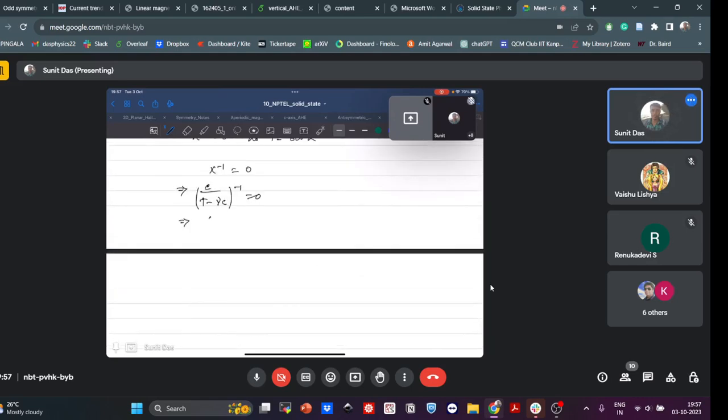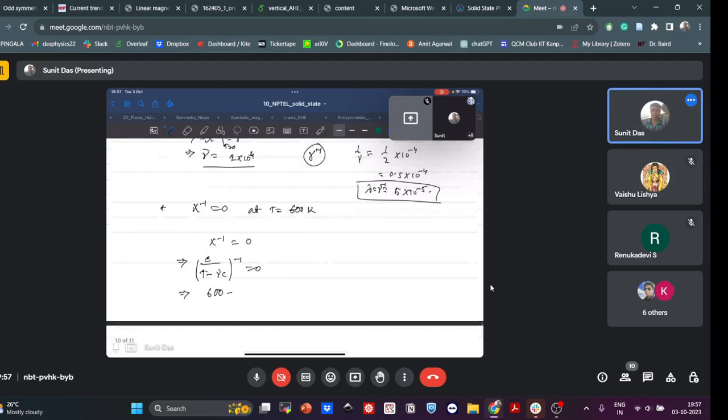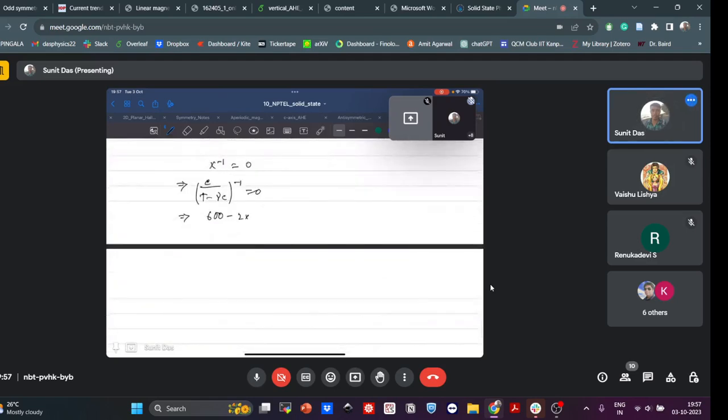That means 600 Kelvin minus gamma, which we already found as 2 into 10 to the power 4, times C, divided by C, equals 0.